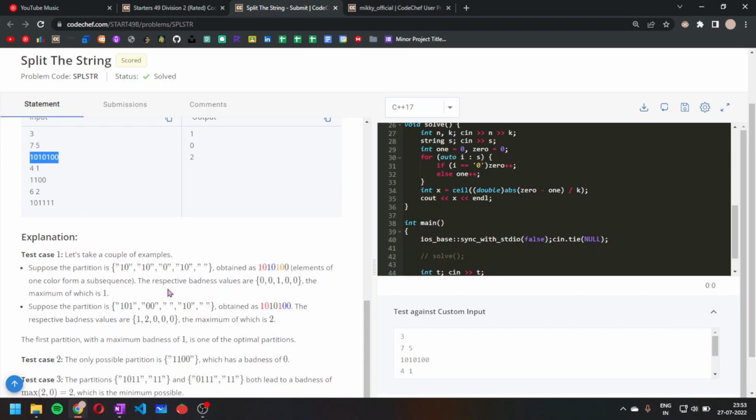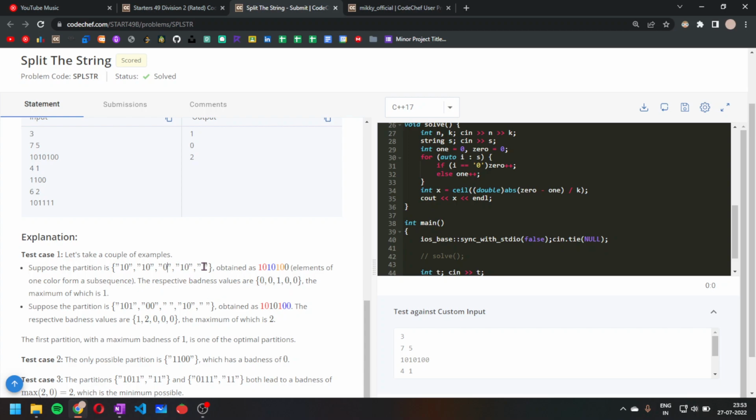So here, let's say we have been given k as 5. So they have made here 5 disjoint subsequences. So one is 10 10 0 10, and one string is basically empty. So we can do this, and there are different ways of making this.